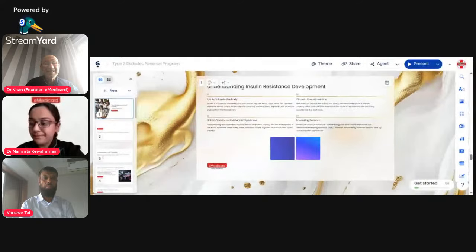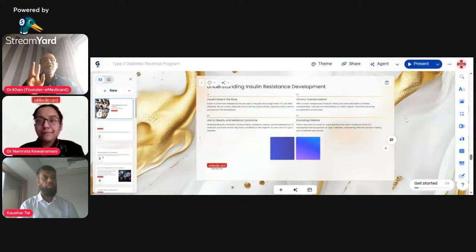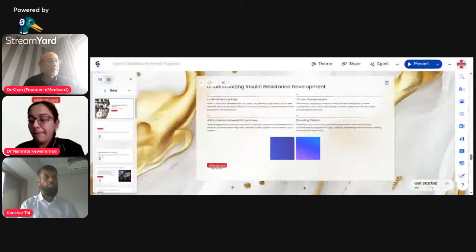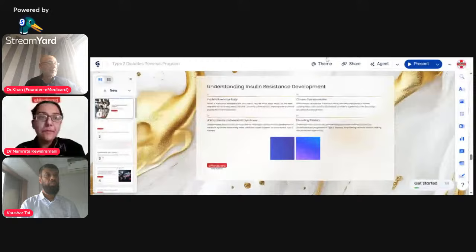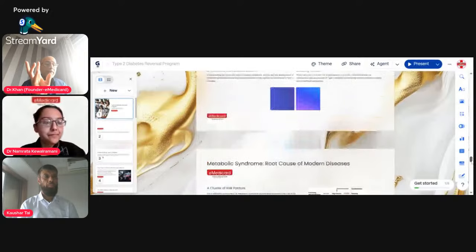Basically, what is needed is that people should be educated. People should know that this is part of a bigger picture, and that metabolic syndrome is because of too much release of insulin. That's it. Two toxicities are happening. If you go to the next slide, you will see the cluster of risk factors. Whenever you have one of these, what is happening in metabolic syndrome?